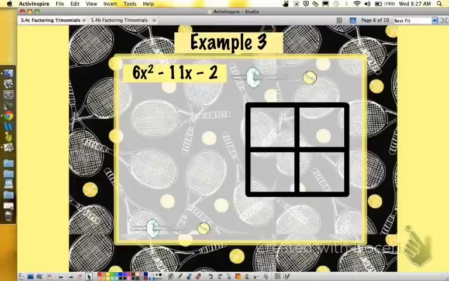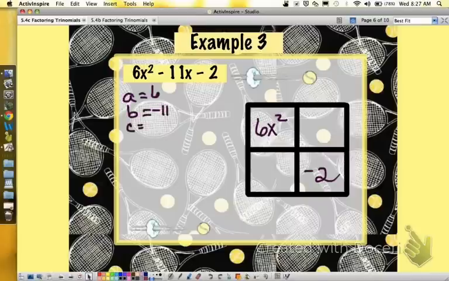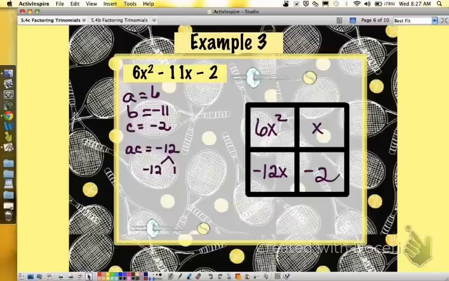In the third example, we have 6x squared and negative 2 going in those two boxes. Your ABCs, and the product of A and C is negative 12. We're looking for factors of negative 12 that will add up to negative 11. We throw those into the box in any order, and then start taking the GCF out of each row, and again, adopting the symbol of the number closest to it.